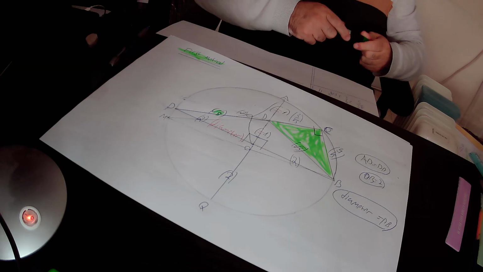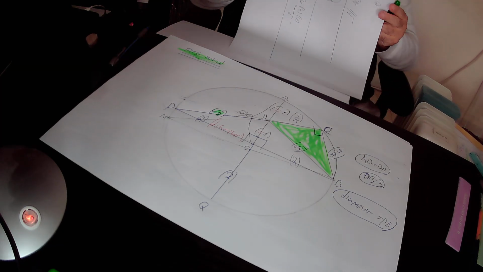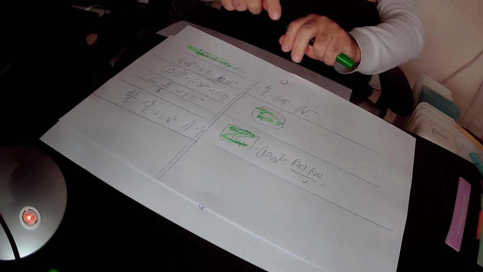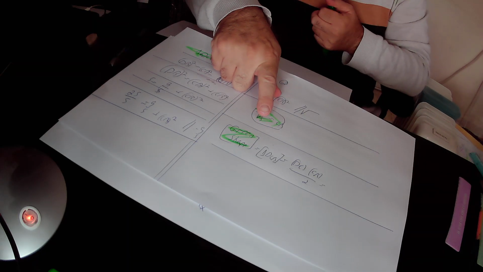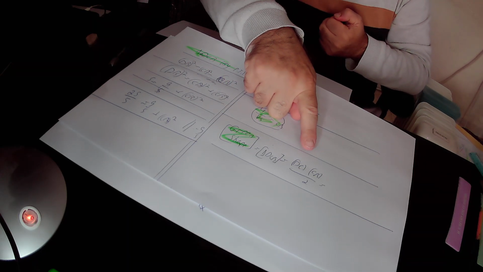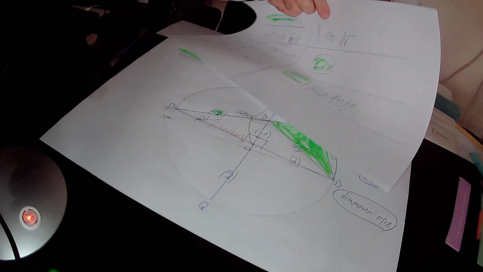Repeat again. The area of the green shape is actually the area of the green right triangle DCB. And the area of the green right triangle DCB equals the base DC times the height CB over 2.